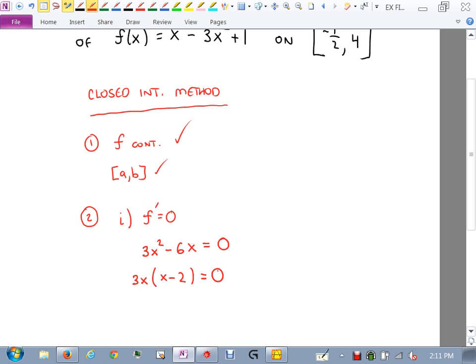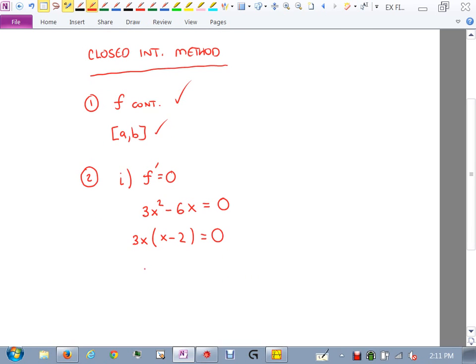And this gives me two solutions, doesn't it? 0 and 2. These are my potential critical numbers. I do have to check one more thing, and I didn't mention this earlier.